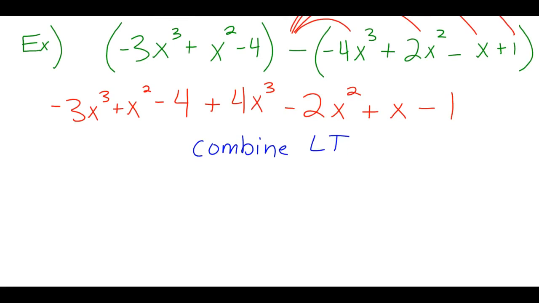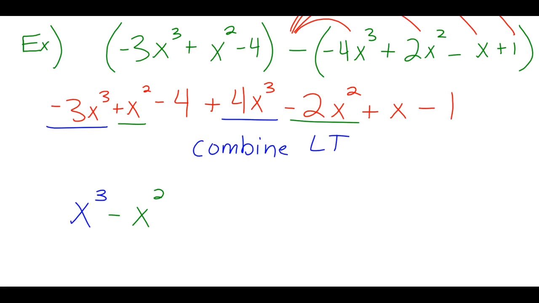So if we combine like terms, I have negative 3x cubed plus 4x cubed. So how many x cubes do I have? 1x cubed. Good. And then we have an x squared minus 2x squared. So 1 minus 2 is negative 1 x squared. Now, in standard form, we go from largest exponent to least.